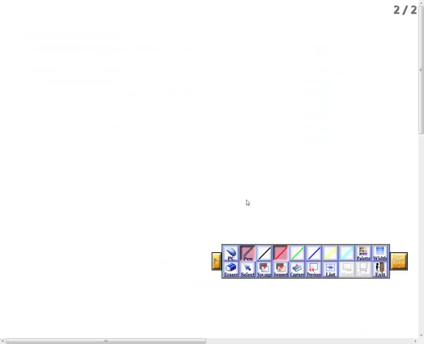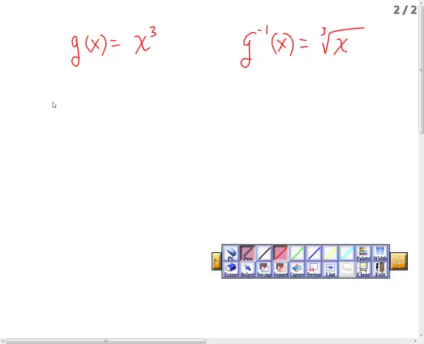We're going to show you here on a blank sheet. Here we have g of x, and that's equal to x cubed. And we have its inverse of g, and that's equal to the cube root of x. And so we want to show that they are inverses of each other.